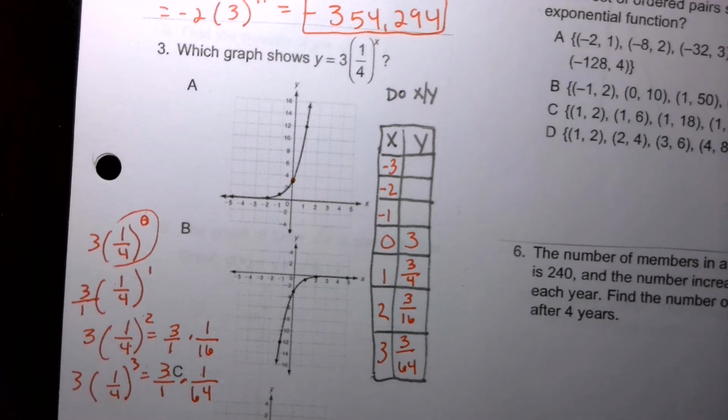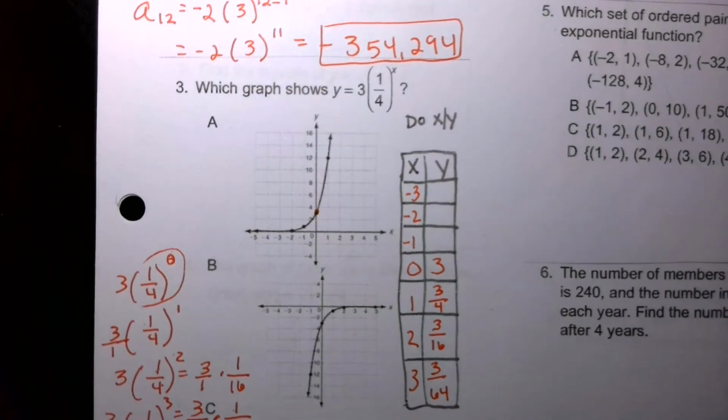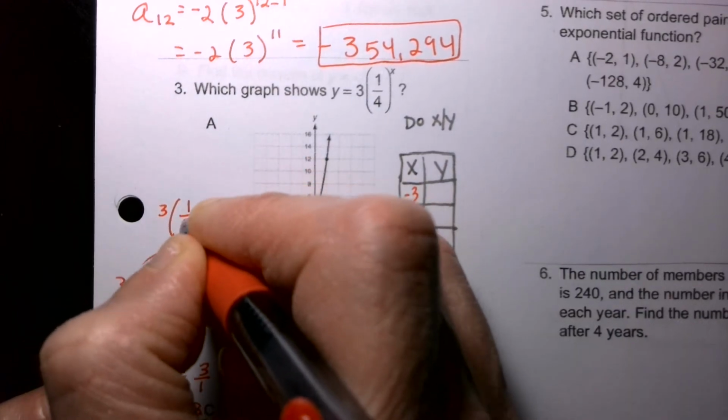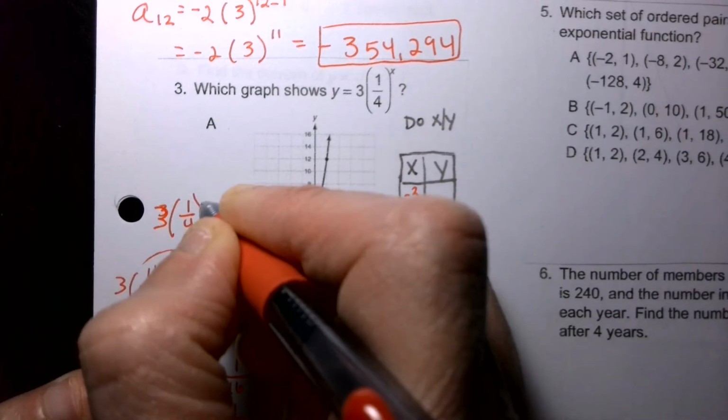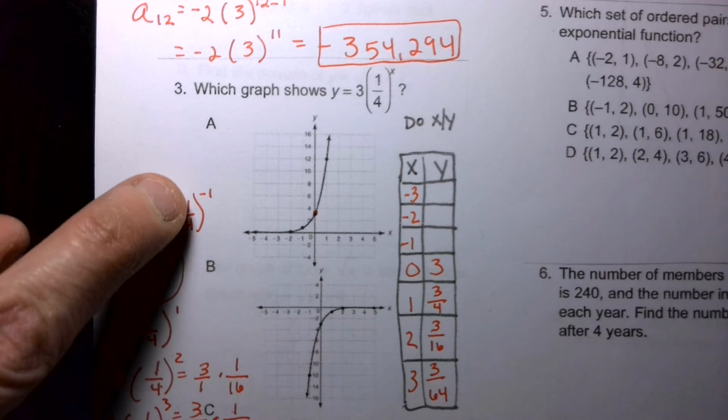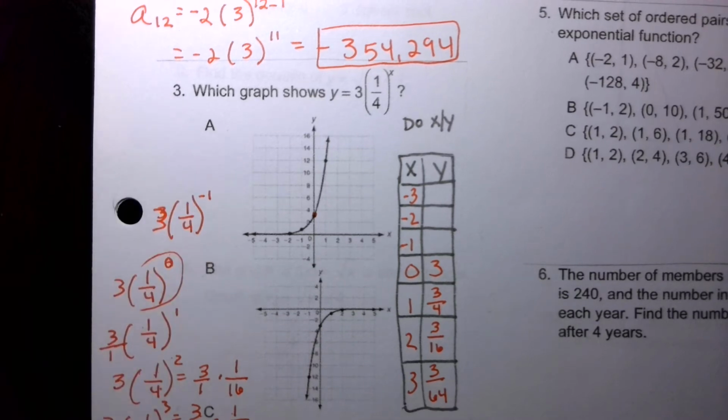Okay, now let's look at the negatives, because if you forgot about negative powers, this might have tripped you up a little bit. So we have 3 times 1/4, sorry, this should be a bigger 3, to the negative 1. Does anybody remember how you get that power to be positive? That's right, you take the reciprocal.